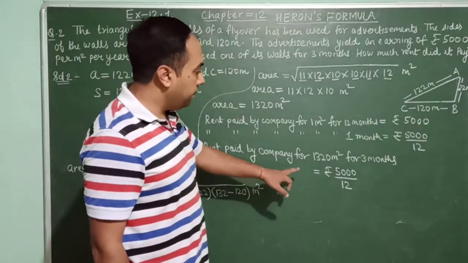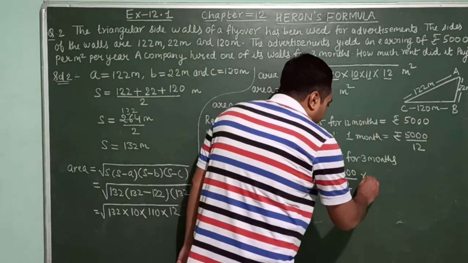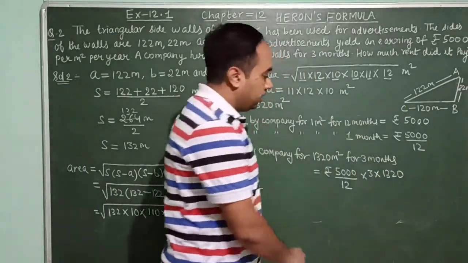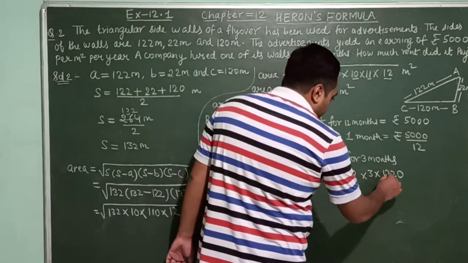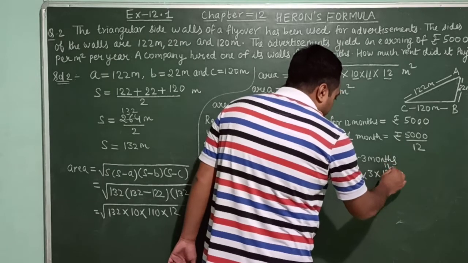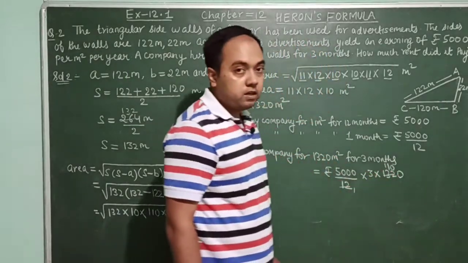Now what will be multiplied in the numerator? 3 and 1320, into 3 into 1320. Now solve it. See, 12 ones are 12, 12 elevens are 132, and 1 zero is over here, so I have written 0 over here.